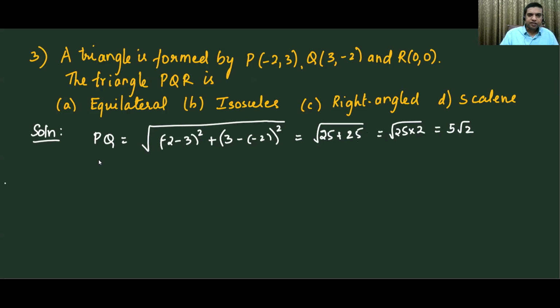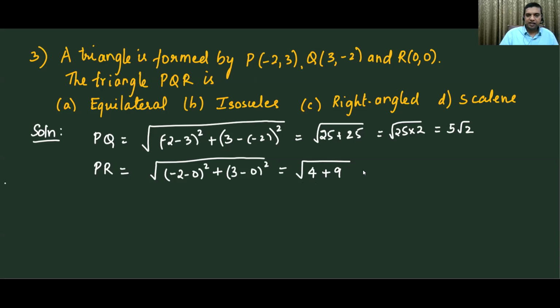Next, what is PR? (-2 minus 0) whole square plus (3 minus 0) whole square. So this is under root of 4 plus 9, under root 13.